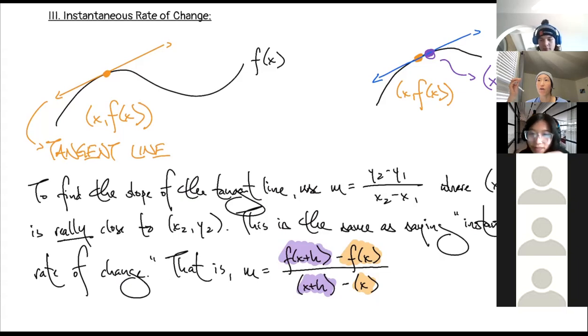But if I ultimately want h to be infinitely small, what value do I want h to get really close to? Okay. So if we had the purple point be basically on top of the orange point, h would be 0, right? That distance between the two would be 0.